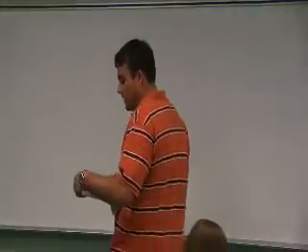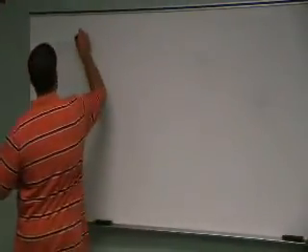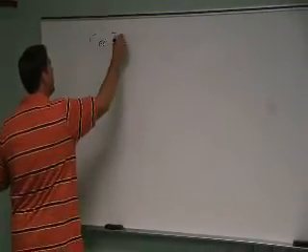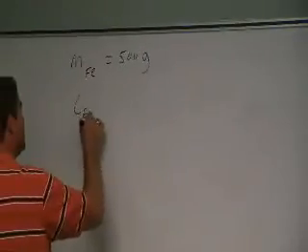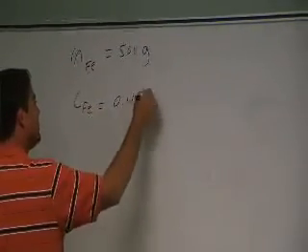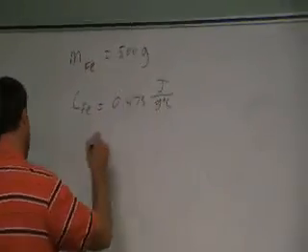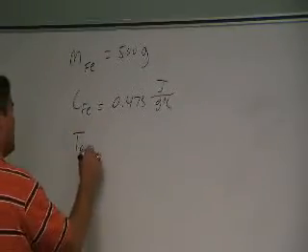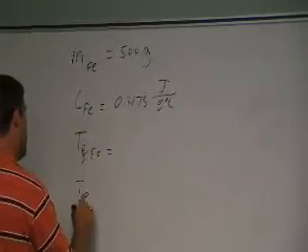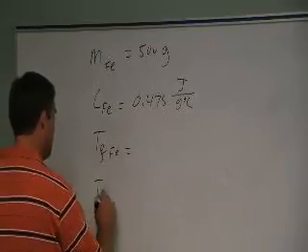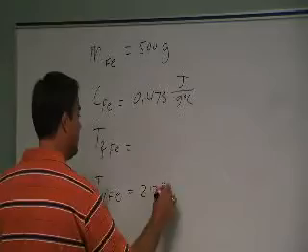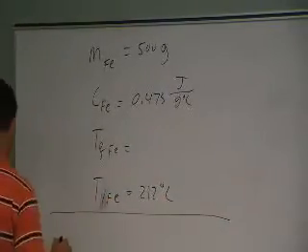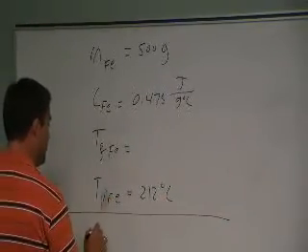Here's what we've got. We have a 500 gram piece of iron. Specific heat of iron is 0.473 joules per gram degree centigrade. We're going to have a final temperature of the iron and an initial temperature of the iron. That initial temperature was 212 degrees centigrade, and we are going to place that in 2 liters of water.